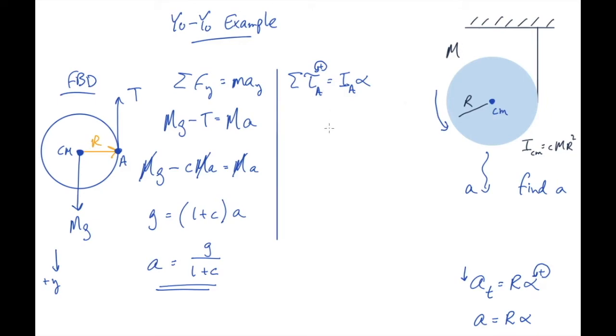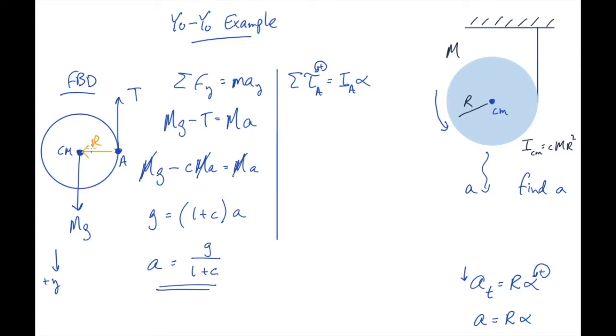Here's how it goes. We need to add up the torques on this object, and we see that there is only one. It is the torque due to the weight. Our pivot is now here, so the r vector goes from the pivot to the point where the force is applied. So the r vector now goes this way, and the right-hand rule tells me that the torque is in the direction of r crossed into the force.